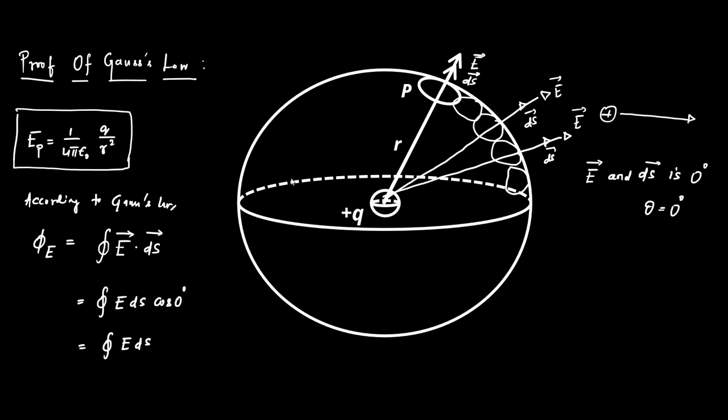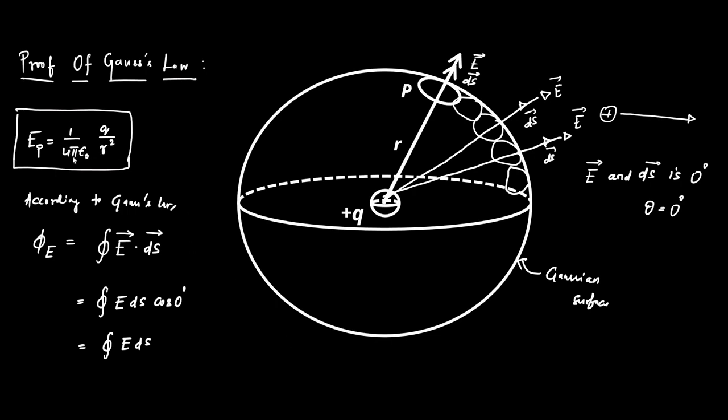Now all these points that are located on this Gaussian surface, this closed surface is called a Gaussian surface. This is a spherical Gaussian surface. All these points that are located on this Gaussian surface are at a fixed distance r from this charge.